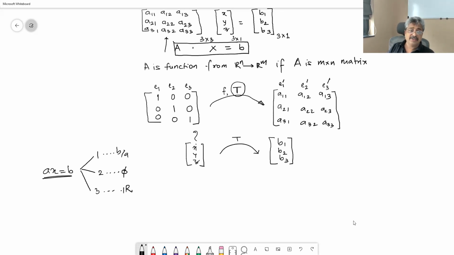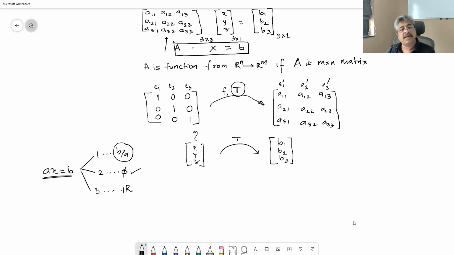And if all is well, you may end up getting a unique solution like this. But if all is not well, then you may end up getting an empty set as your solution set, or you may get the entire Rn as your solution set, or you may get a subset of Rn, but it is not a specific or particular solution set.